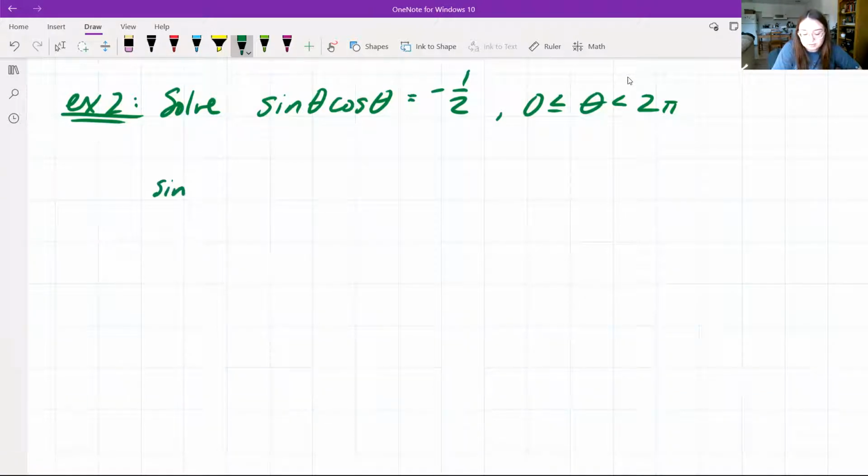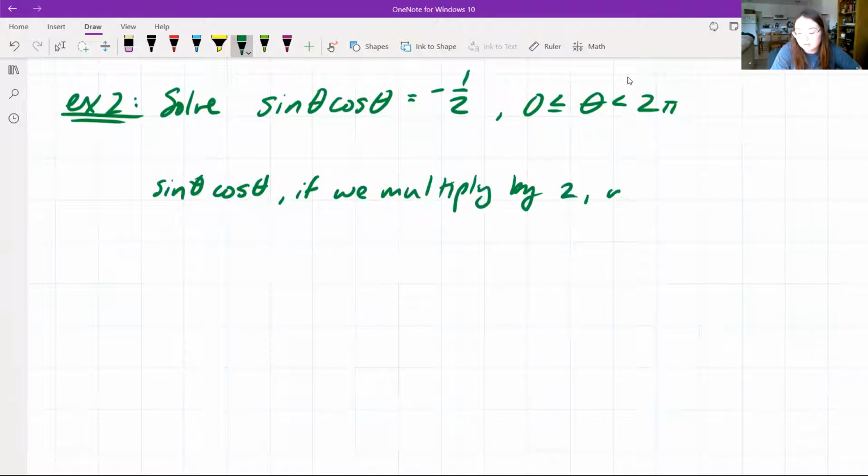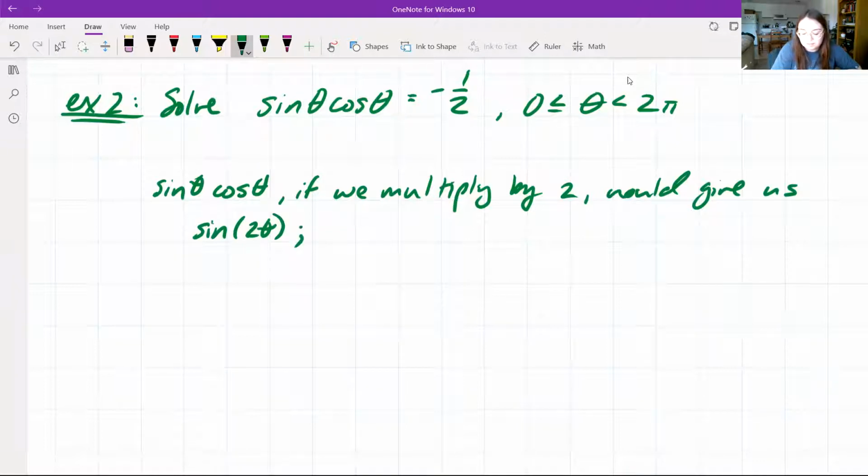Sine of theta times cosine of theta, if we multiply by 2, would give us sine of 2 theta. So let's multiply each side by 2.